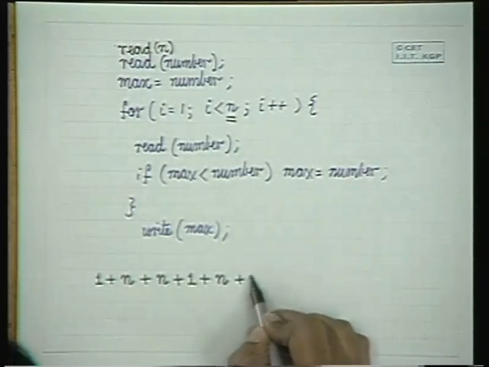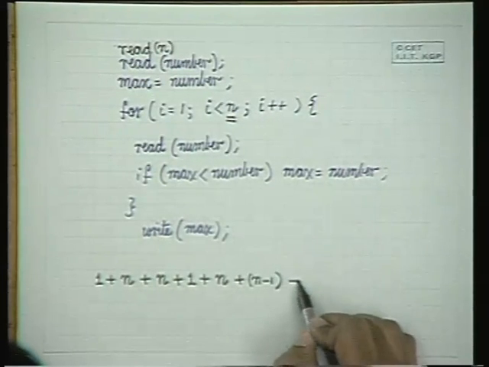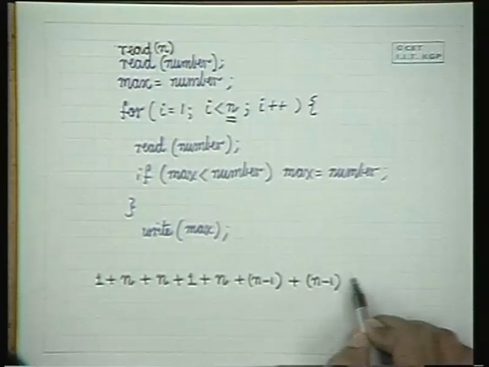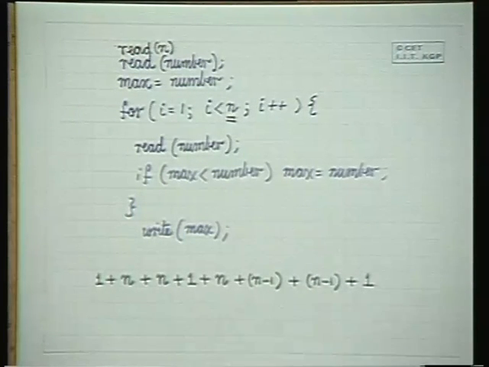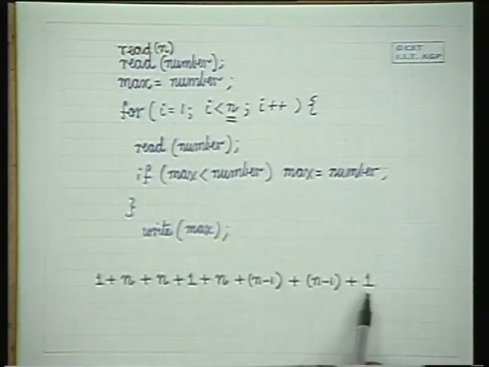This one and this one. So now this time statement is also proportional to the input. Alright, so this is proportional to the size of the input.